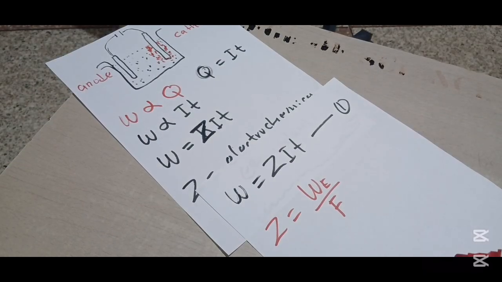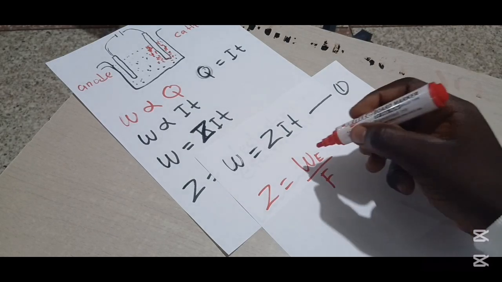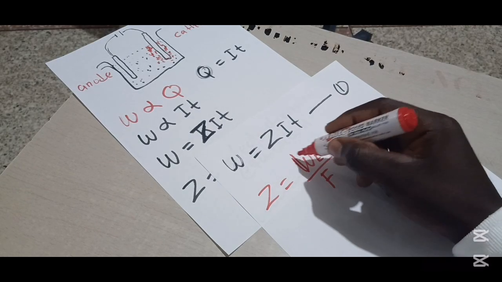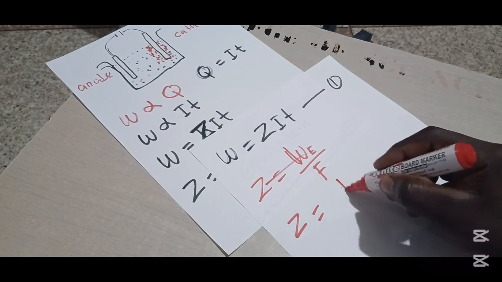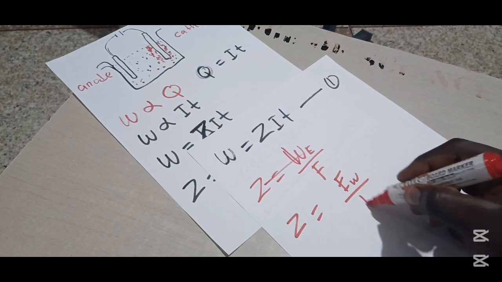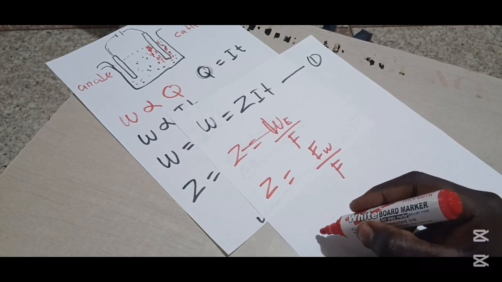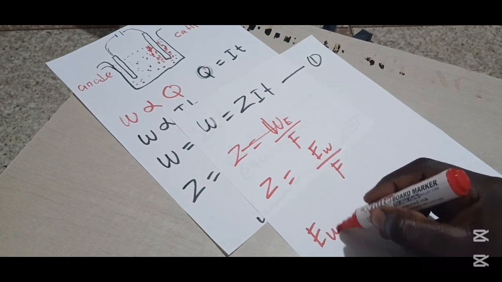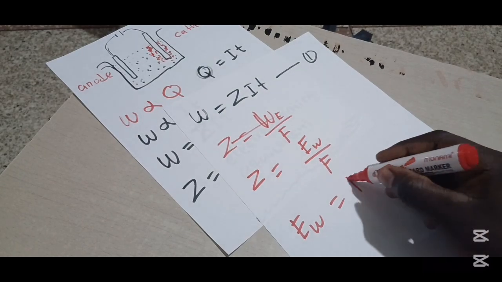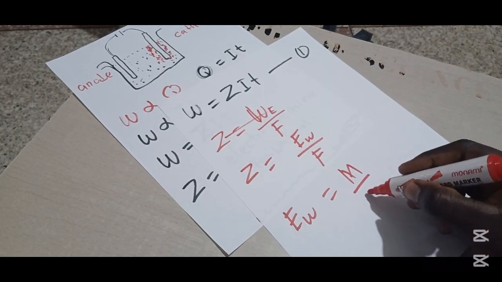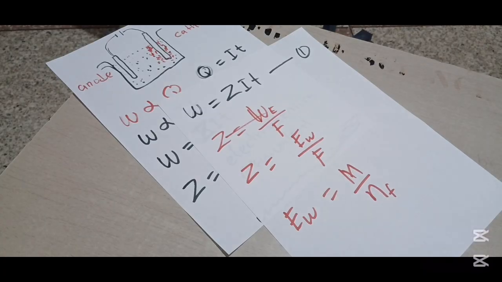The formula for equivalent weight, let me represent this by E. So our Z equals equivalent weight over F. And the expression for equivalent weight equals molar mass over n factor. Our n here is the n factor.